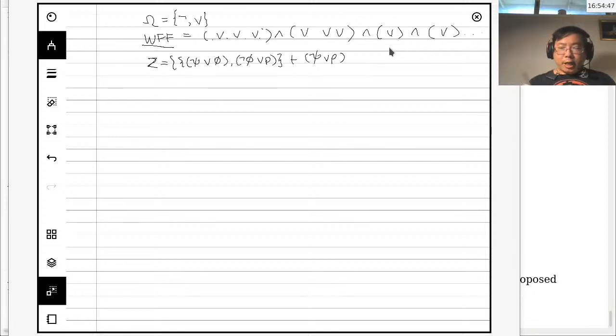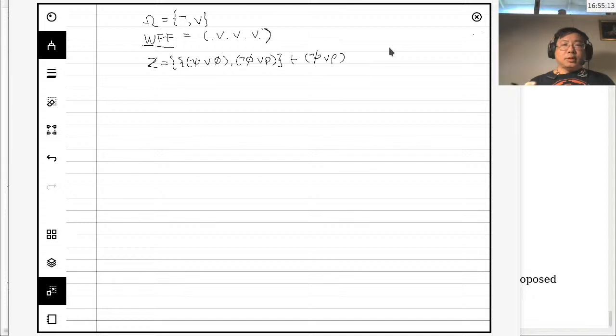Actually, I made a mistake here. Let me correct my mistake. Conjunction is not an operator, right? So a well-formed formula can only look like this. That's all. Now the question is, how can we be so sure that the space of well-formed formulae is finite?